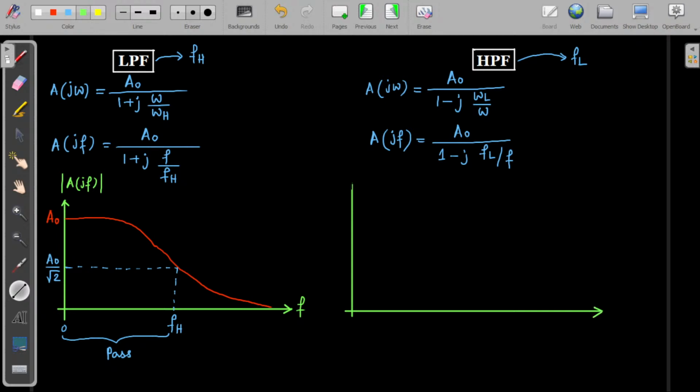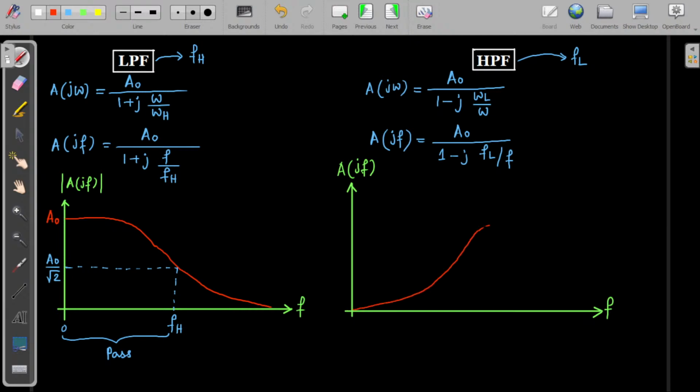So this is the high pass filter. Let us say this is |A(jf)|, and this is f. According to the definition of the high pass filter, it will pass the high frequencies and block the low frequencies. So the plot will look like this.